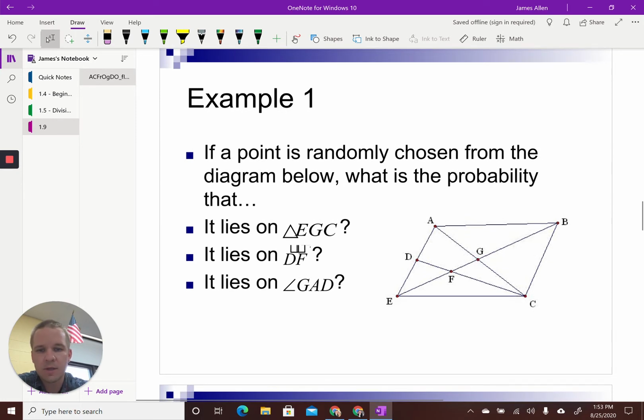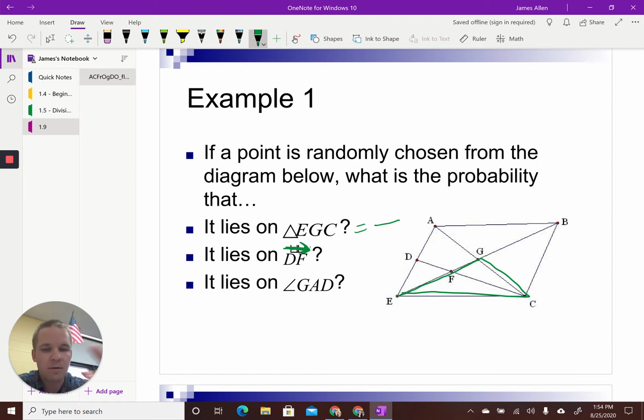Okay, so this first one, it seems to mess up the rays. If a point is randomly chosen from the diagram below, what is the probability that it lies on triangle EGC? That would be EGC right here. Well, first off, how many total points are there?